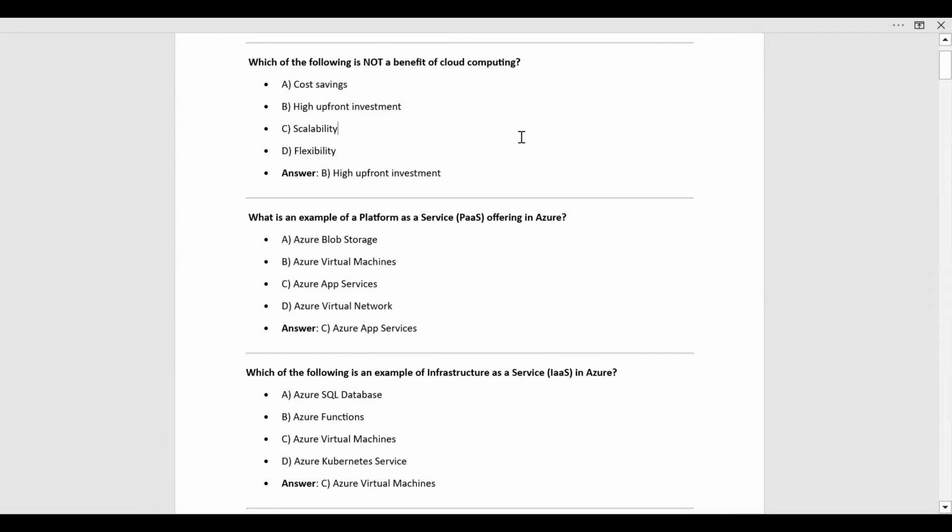You're going to create one subscription and start using the resources from the cloud provider, and you're going to get the bill for what you have used. Upfront, you're not investing anything. The physical infrastructure maintenance and data center maintenance are all done by the cloud providers themselves, like Azure and Amazon. So the answer is high upfront investment. This is how your question is going to be.